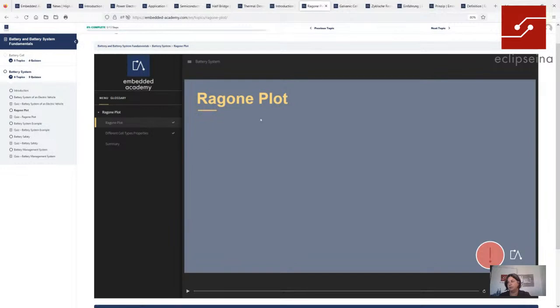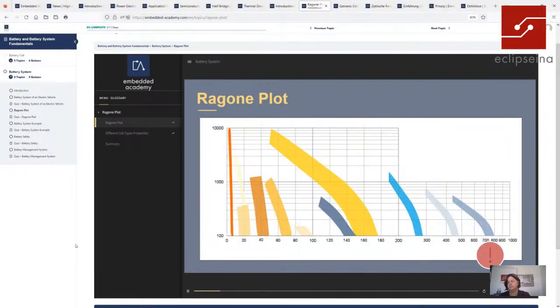So everybody who's working in battery knows the Ragone plot. There are different energy storage systems. They can be compared in a Ragone plot, where they are compared with respect to specific power and specific energy, which we call the key parameters.